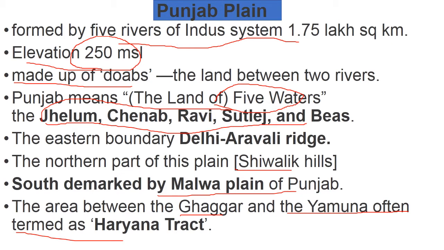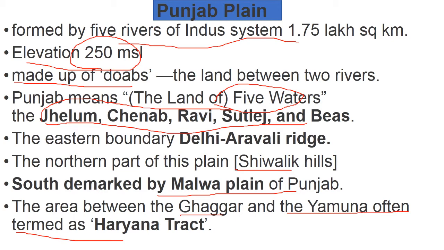Another important part of this plain is the Punjab Plain. It's formed by the rivers of the Indus system. 1.75 lakh square kilometer area is formed by the Indus river, and the elevation of this plain is up to 250 meters from mean sea level, and it is made up of the Doab.